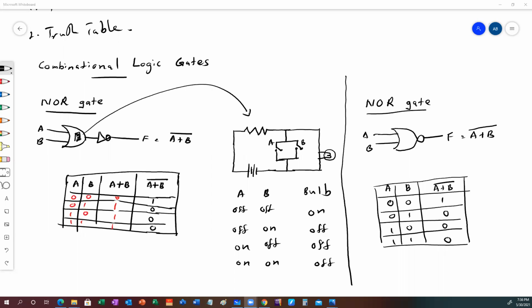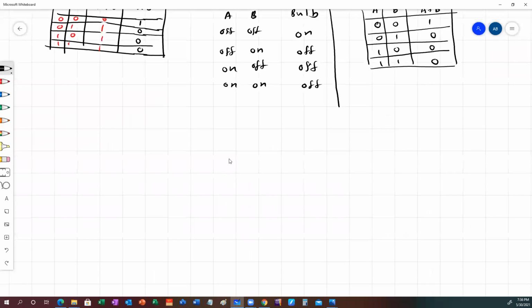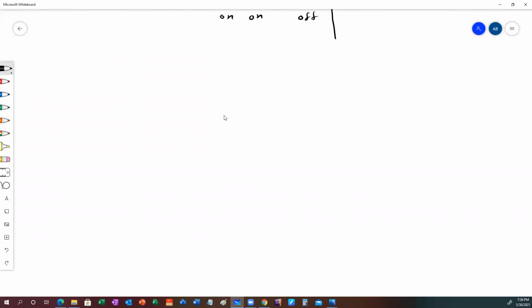When they are combined, the number of columns you get will be reduced. Right, that is what happens. Right, let's move to the next one. Right, next one is called NAND gate.